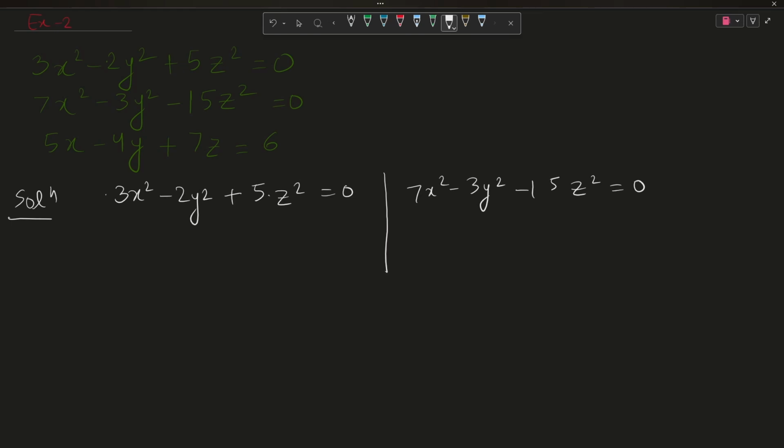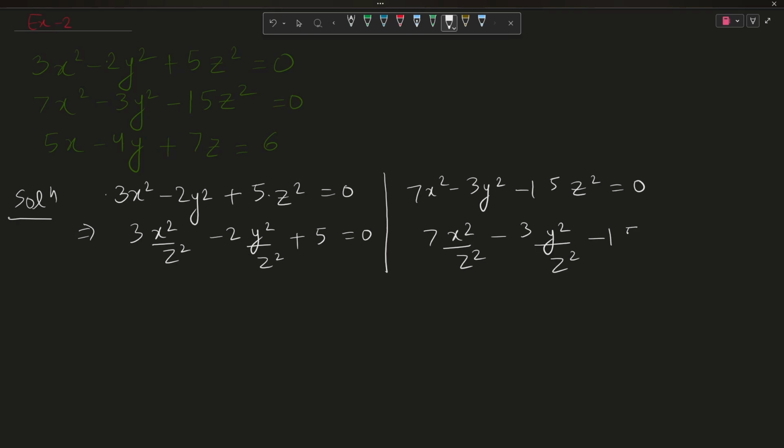Dividing both the equations by z square, we get 3x square by z square minus 2y square by z square plus 5 is equal to 0, and 7x square by z square minus 3y square by z square minus 15 is equal to 0.